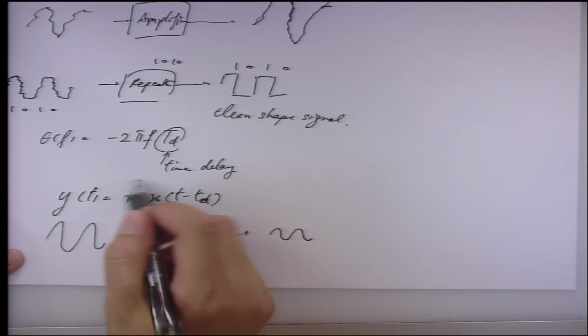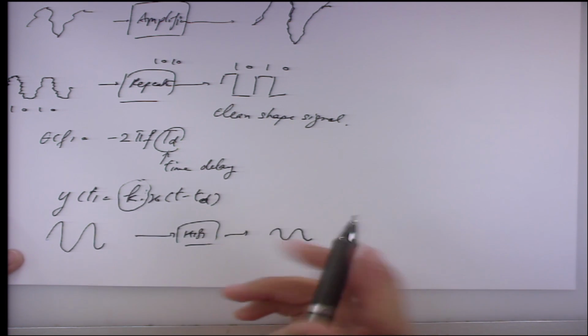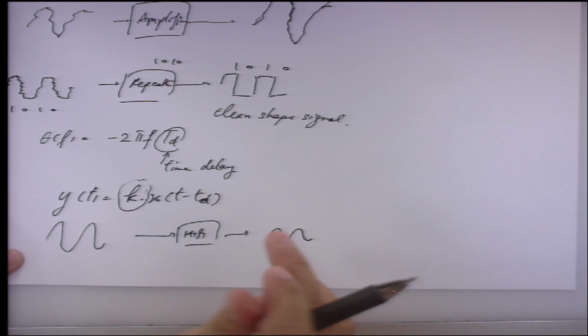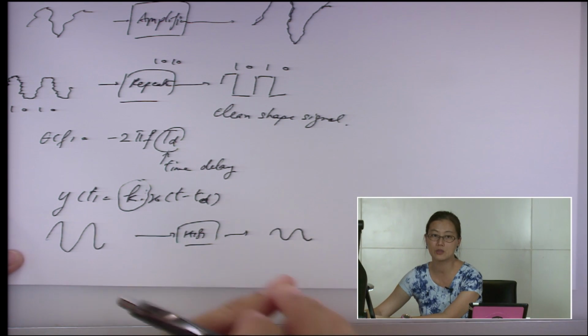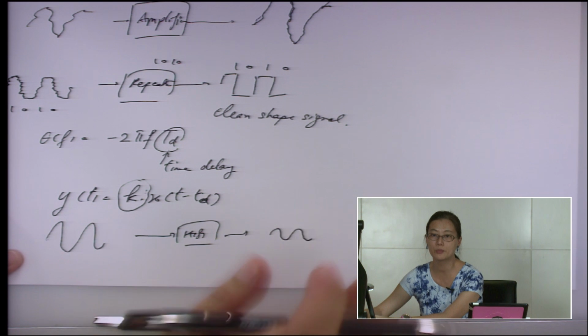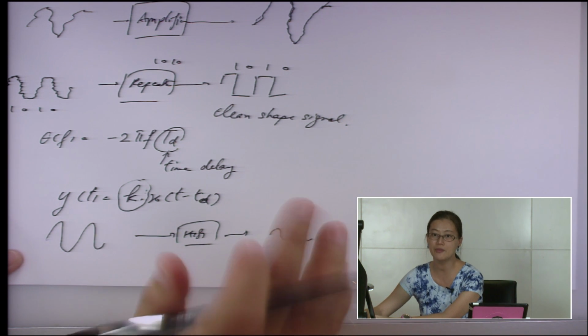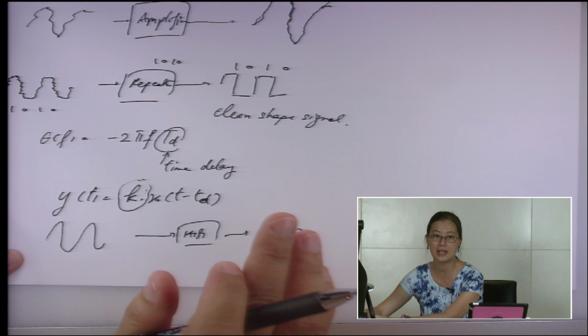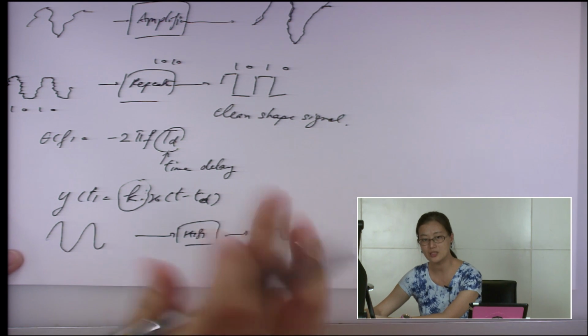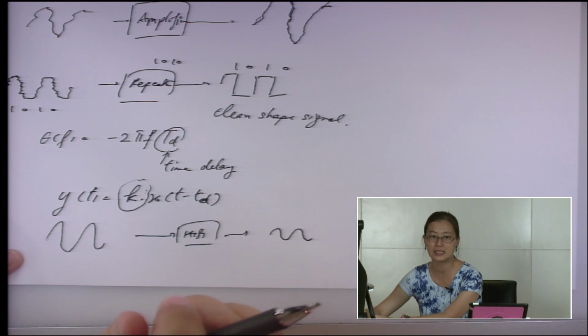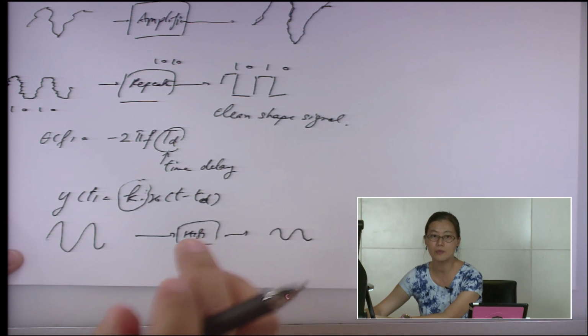So K is the best that you can hope for, it cannot be 1. If it's 1, it means that what you send is the same as what you receive, the same amplitude. You could maybe put an amplifier at the end, but anyway, K has to be constant and t_d cannot be 0.